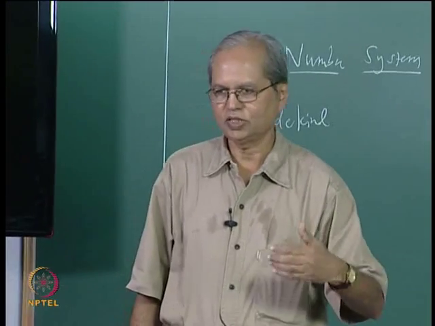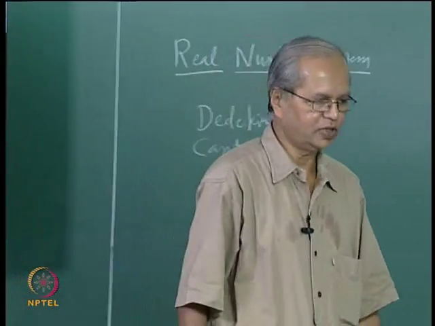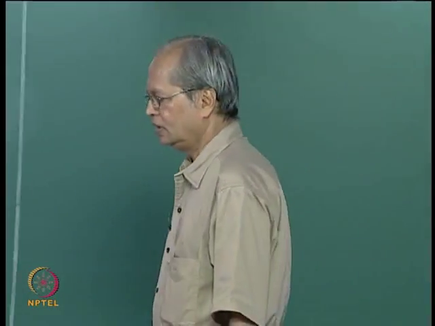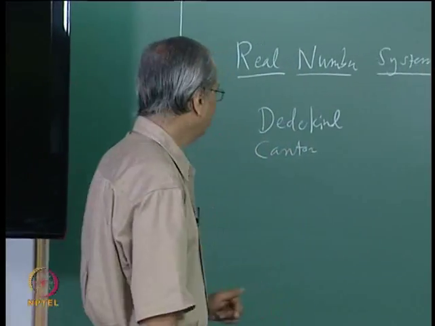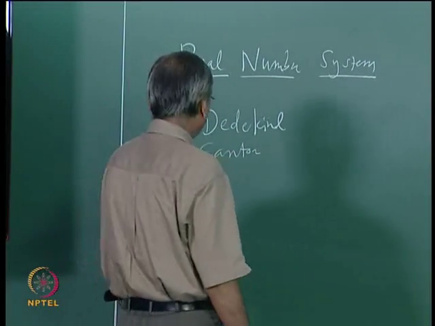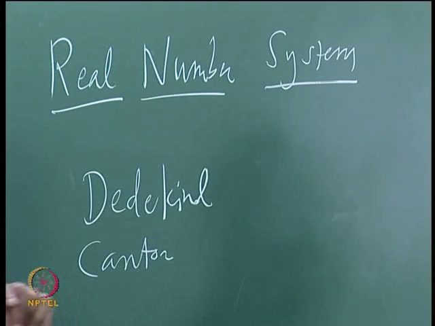Those are subsets of rational numbers satisfying some property, and using those Dedekind cuts you define the real numbers. The second approach, that of Cantor, uses sequences of rational numbers: you define equivalence classes of sequences of rational numbers and associate one real number to each.